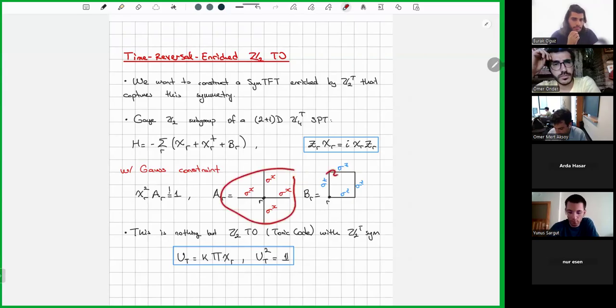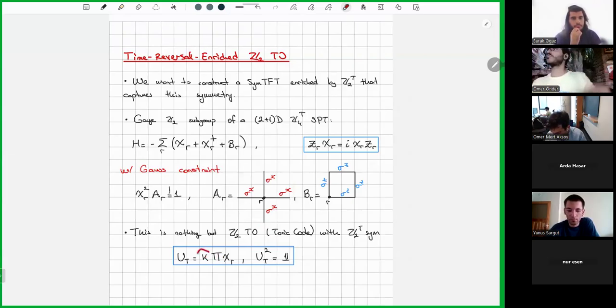The star and the plaquette already tell you that, with some global time reversal symmetry. And the time reversal symmetry is just complex conjugation times the product of calligraphic X's. And U squared is X squared, but the product of X squares is the product of all the star operators, and that's identity if you have a closed manifold.